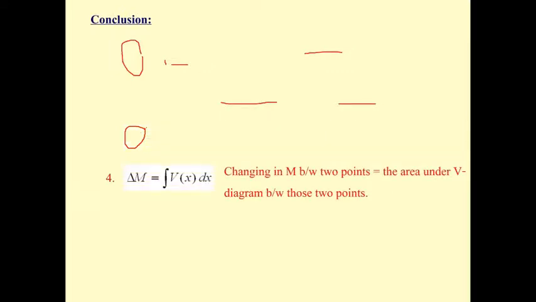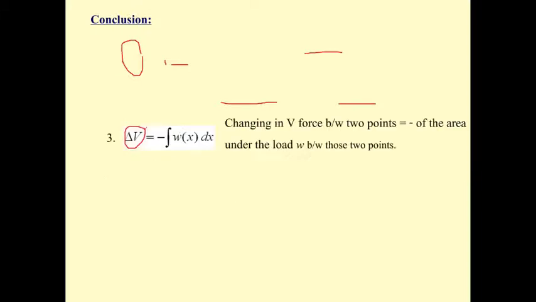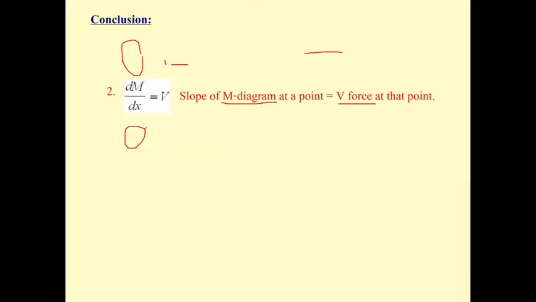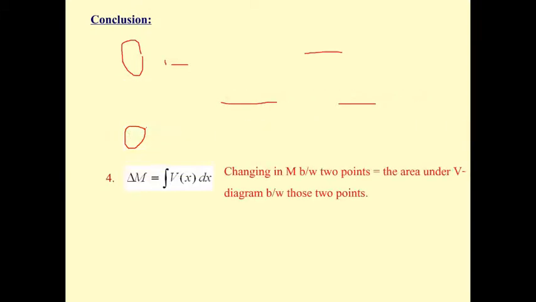And then if we rewrite the second equation and do the integration, we have the change in the moment is equal to the area of the shear diagram between those 2 points.